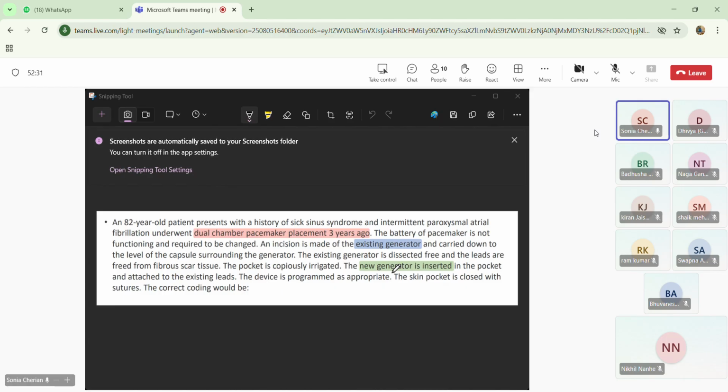They will inject a saline solution into the trachea and bronchioles and then aspirate it. With that, they will get some cells for cytology purpose. So if that is the case, you'll be coding 31623.